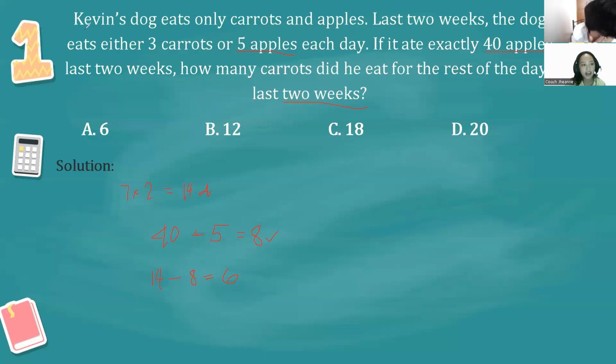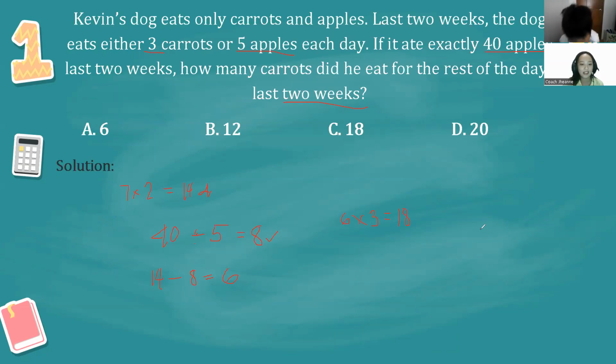Now, since it is given that the dog eats 3 carrots or 5 apples, 6 days is the days he has eaten carrots, right? So 6 days times the amount of carrots he can eat in a day, that is 3, is equal to 18.